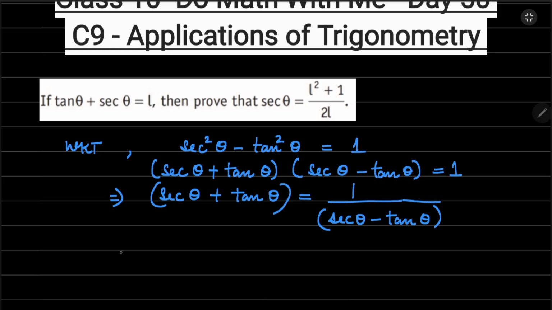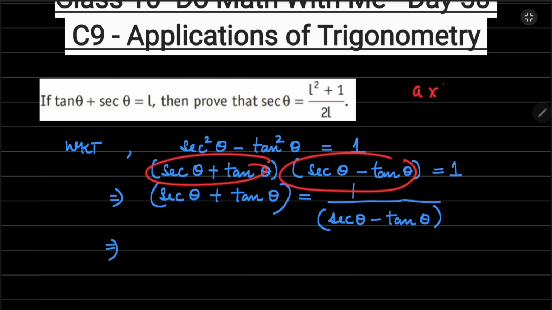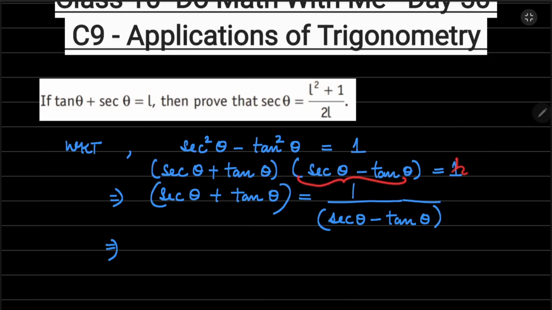And you can also write the same way for secant minus tan. This is a product of 2, isn't it? So suppose this is a into b equal to 1. So I can write a is nothing but 1 by b, or I can write b is nothing but 1 by a. So I can also write secant minus tan theta is nothing but 1 over secant plus tan.